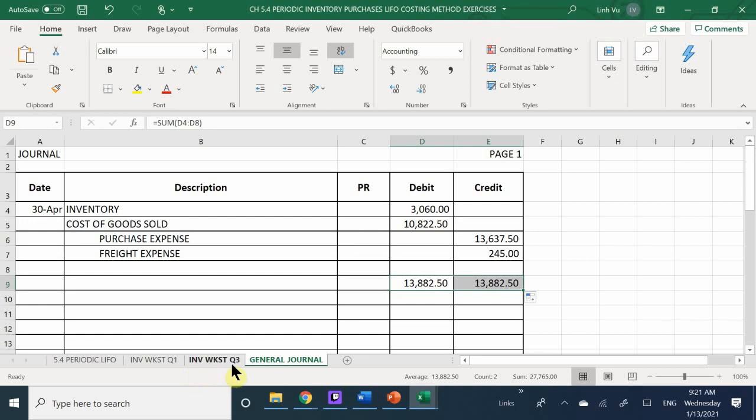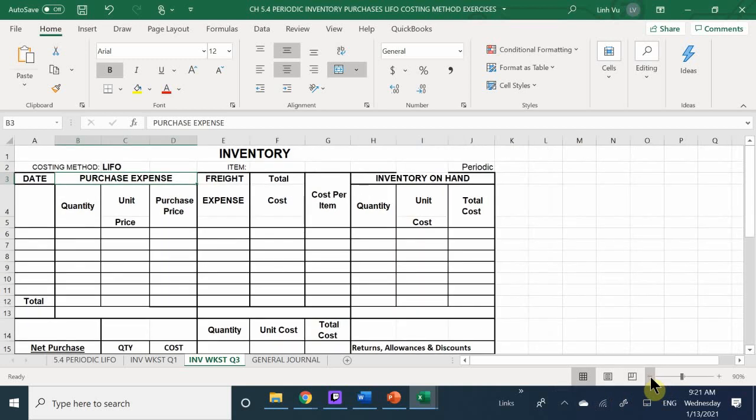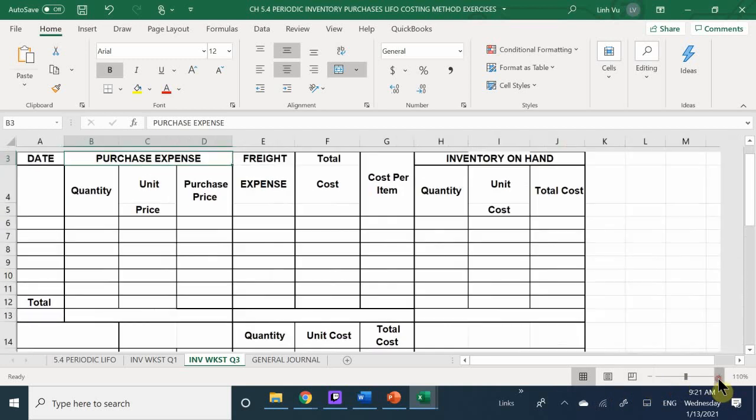All right. So now we're going to go ahead and continue to the next portion, which is going to be looking at having a beginning inventory. Okay?